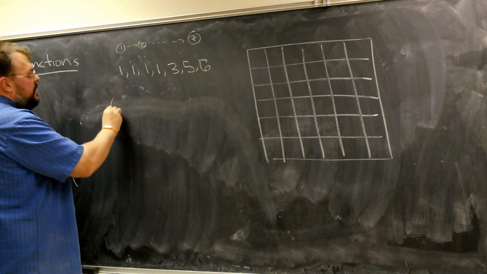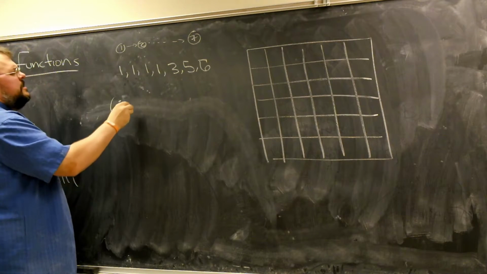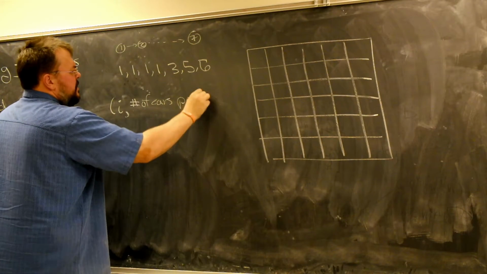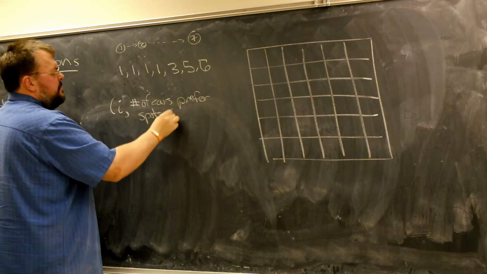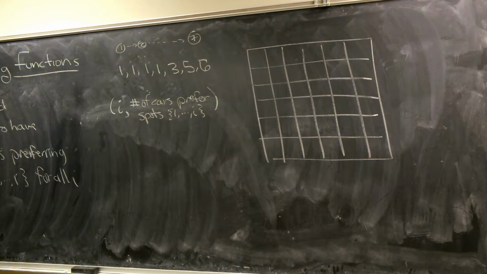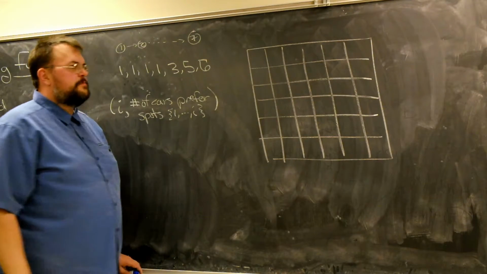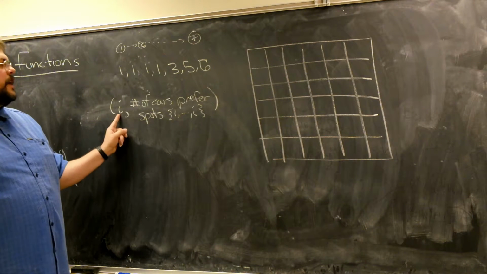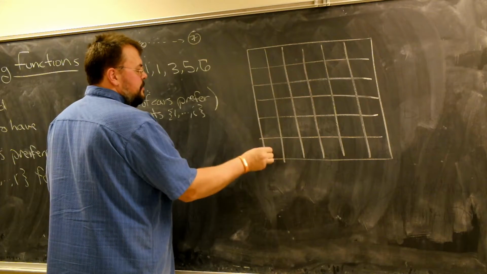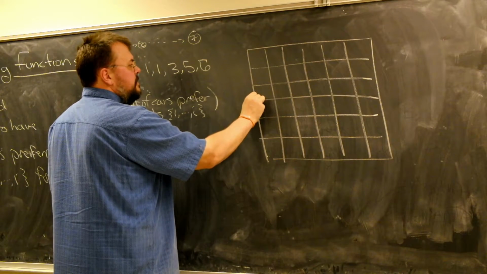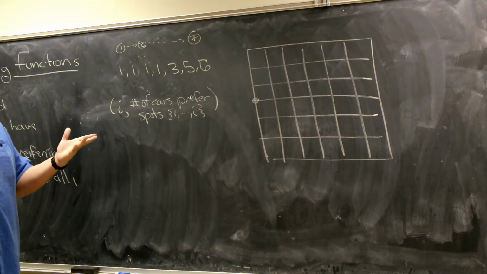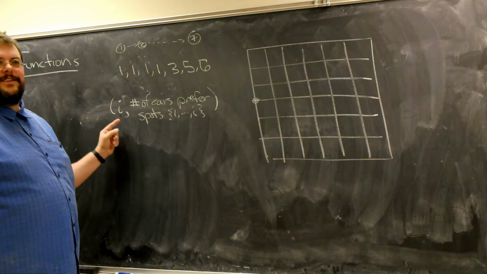So I'm going to mark a pair I, comma, number of cars that prefer spots up to I. Okay, so where's my first point? 1, comma, 4. Okay, so 1, 2, 3, 4. So I think I'm going to mark this right. There we go. 2, comma, 4.